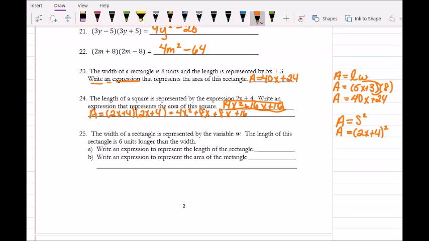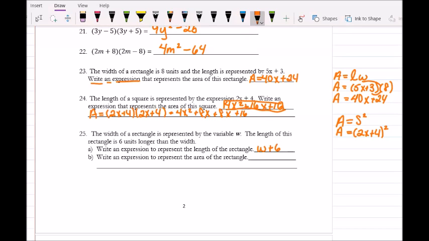Number 25, the width of a rectangle is represented by the variable w. The length of this rectangle is 6 units longer than the width. Write an expression to represent the length of the rectangle. If the length is 6 units longer than the width, it means it's whatever the width is plus 6 units.